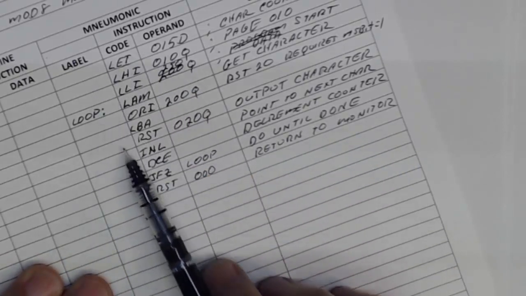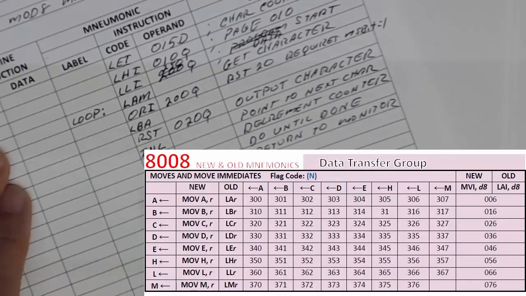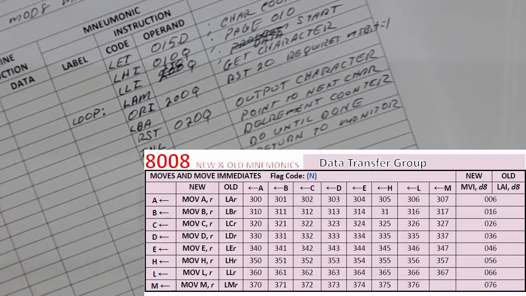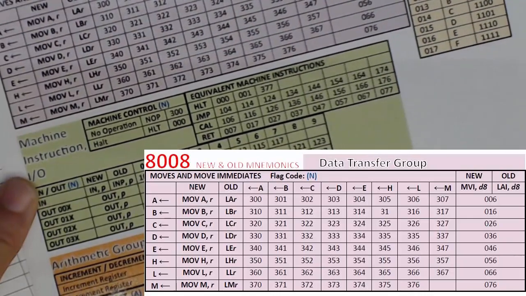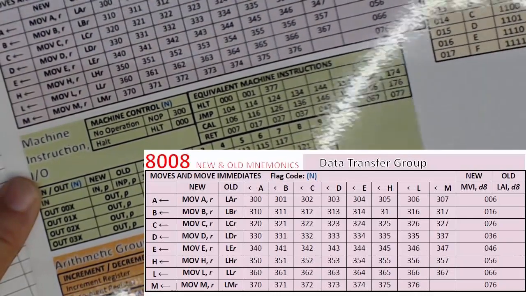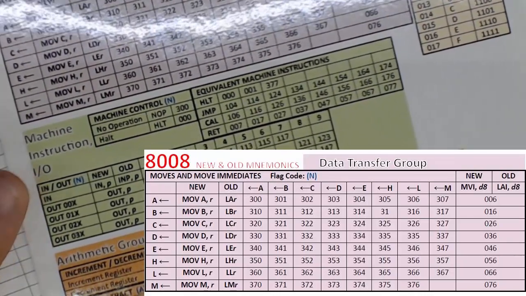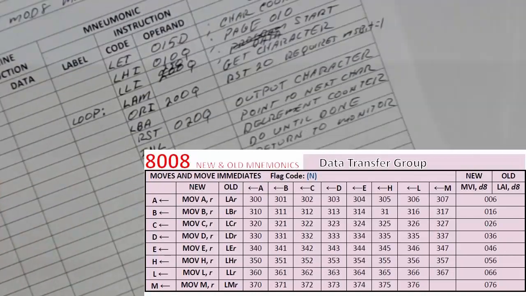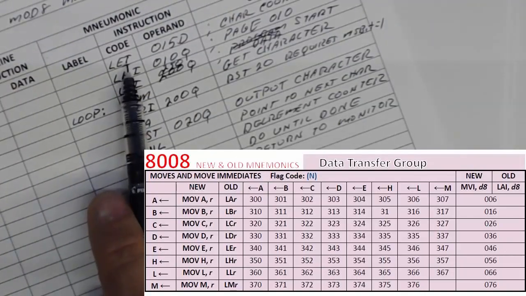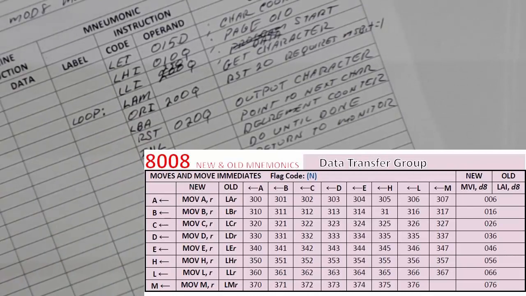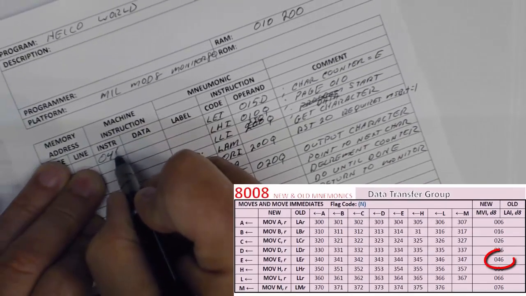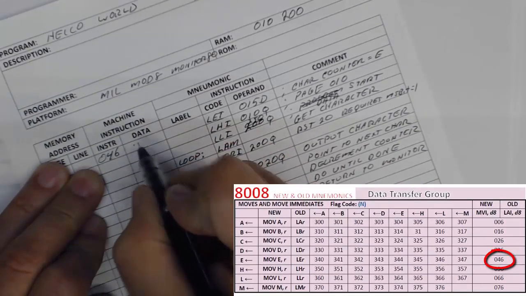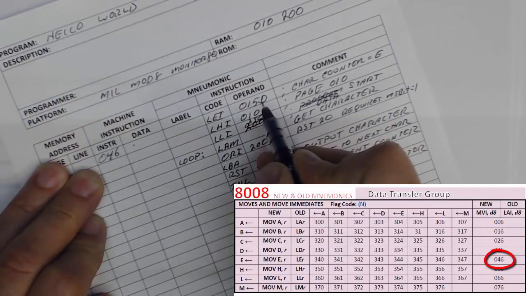Okay, so this is our program right here. Now what we do is we convert that using our table. So using our little chart here where we get our opcodes, we'll convert that over into binary. So the LEI, looking at our table, the instruction is 046, and the data is not 015 decimal because this has to be octal.